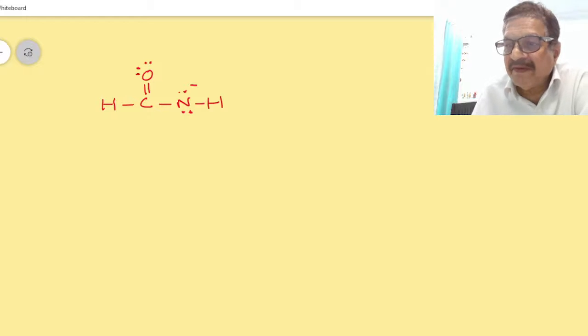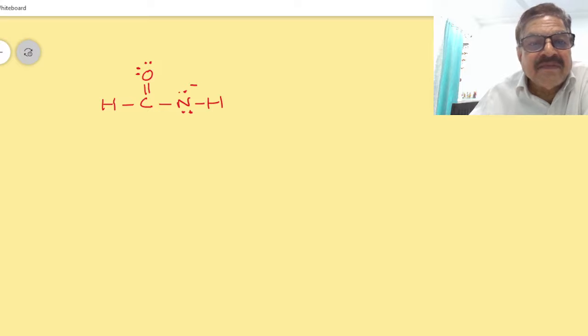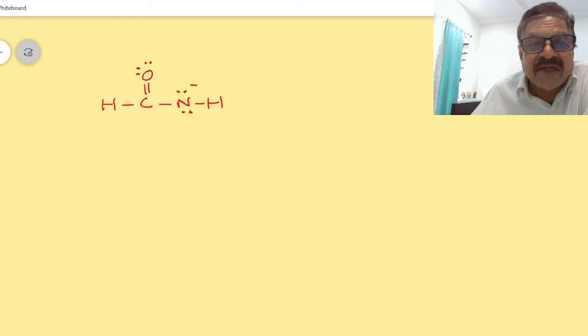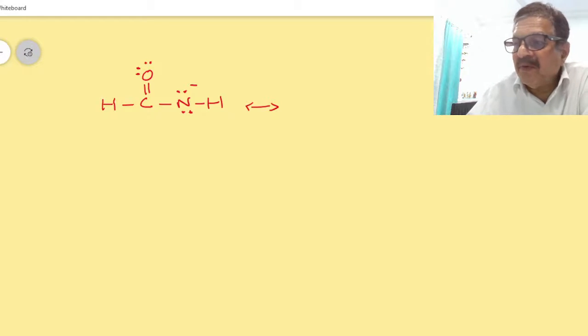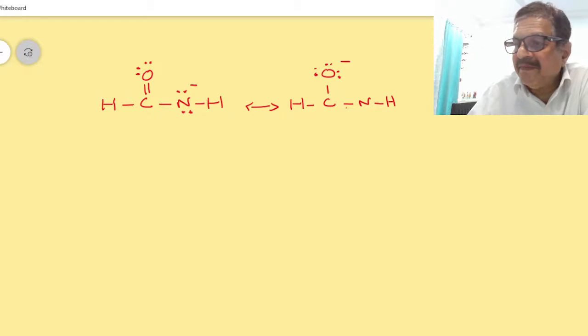So this is one structure, that is a resonance structure. The placement of atoms will be the same, but the arrangement of electrons is different here. Okay. Now, a double-headed arrow we have put. The other resonance structure will be C double bond N, correct? So these are the two resonance structures we have drawn here.